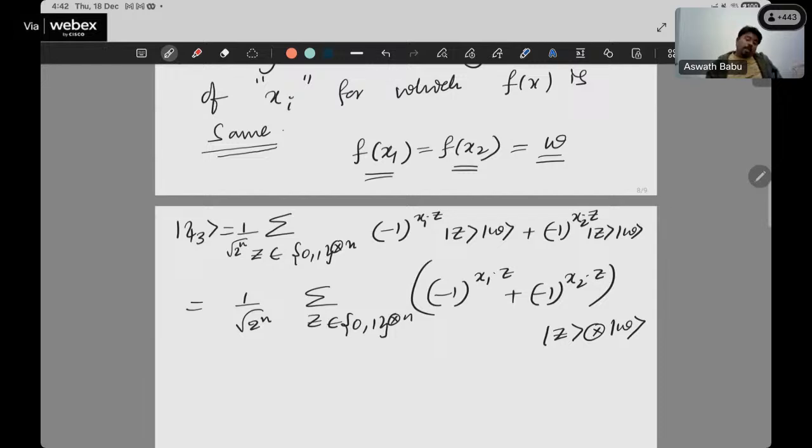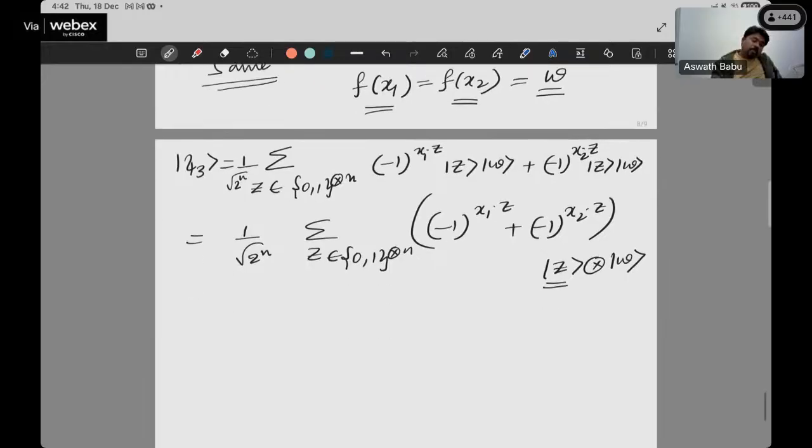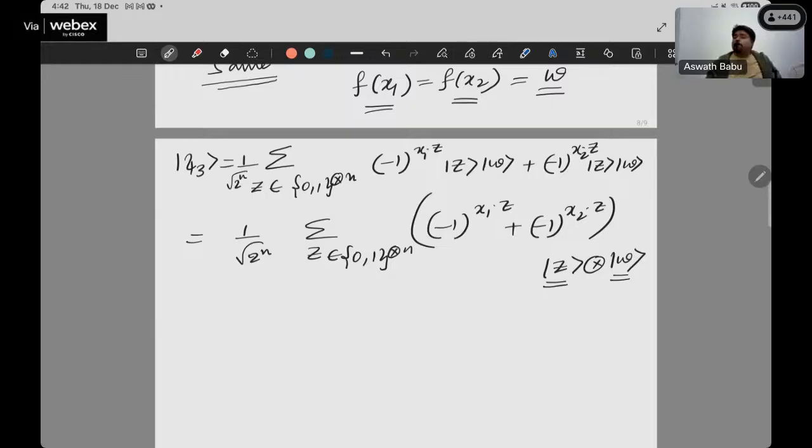Now I will only query the state of z. As I know, the probability amplitude for w must be the same because only those two values are coming non-zero. So what I can conclude here is minus 1 to the power of x1 into z is equal to minus 1 to the power of x2 into z.